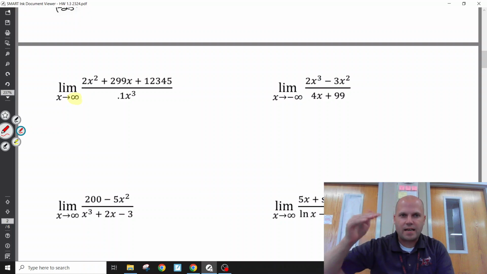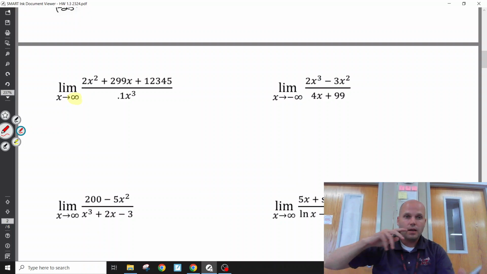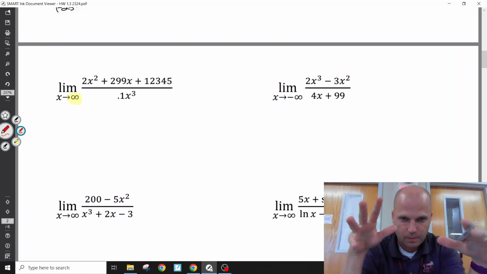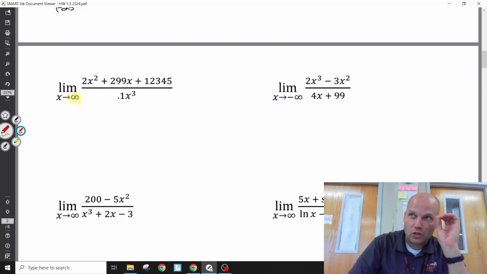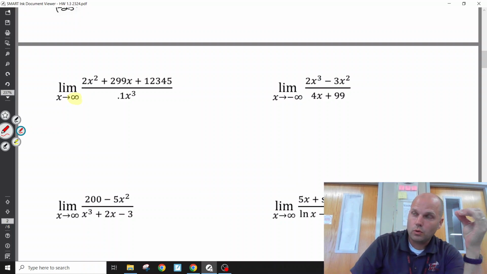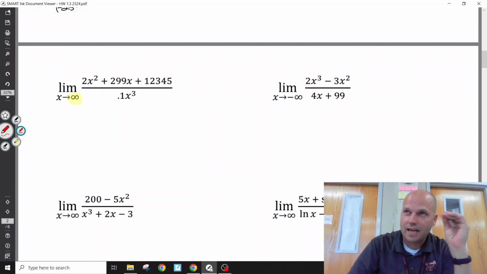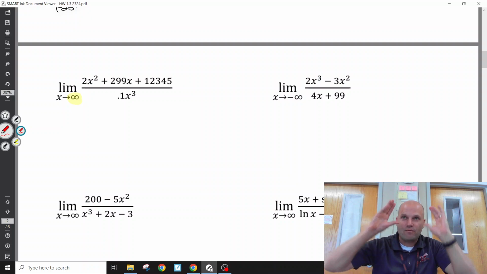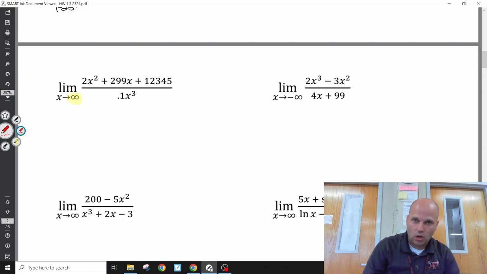If I take 299 times a large number and add that to 2 times the same large number squared, I tried to show you in class. If you don't understand it, we can talk about it more. But the value you're going to get from the large number squared times 2 is going to be so much bigger than 299 times the large number that it will essentially be like adding a very, very small decimal to a very, very large number.